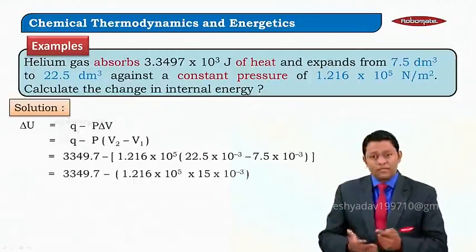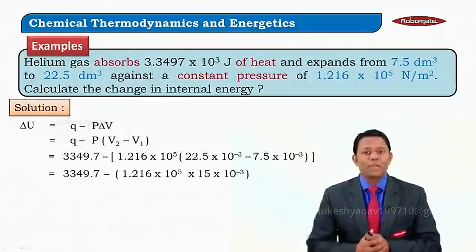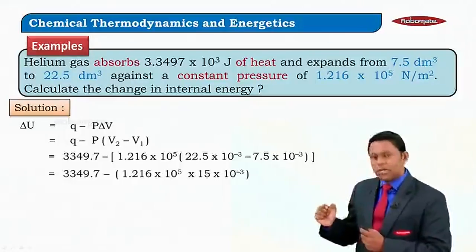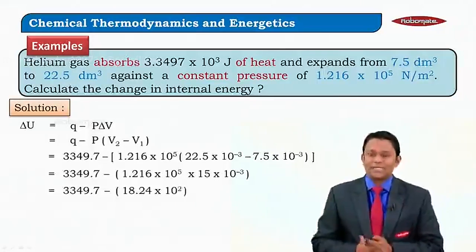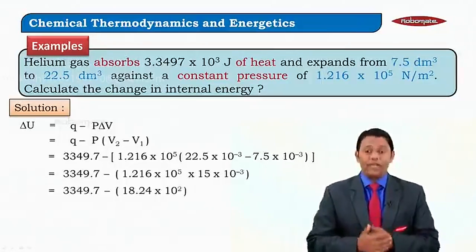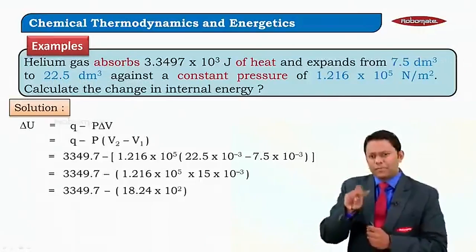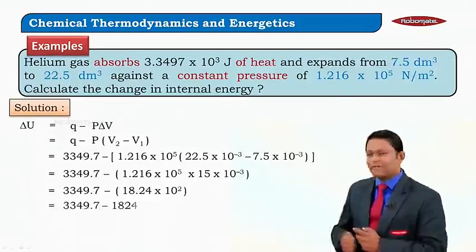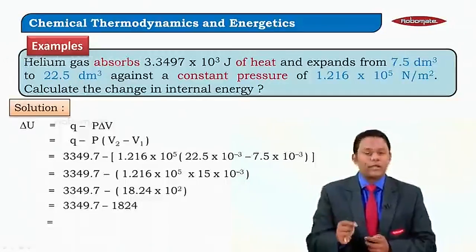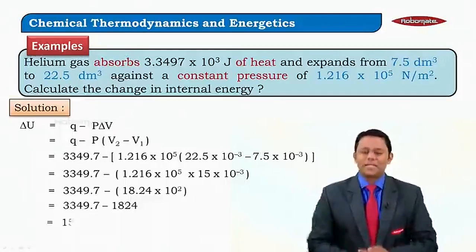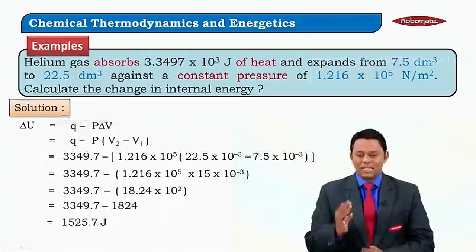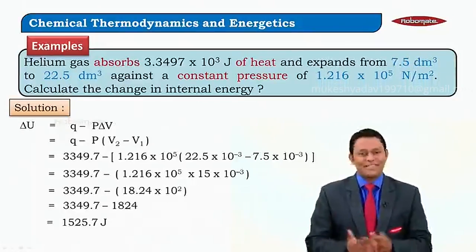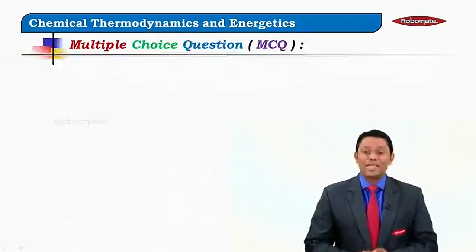Subtracting the volume term, we'll get the answer as 15 into 10 raised to minus 3. Multiplying that volume term to the pressure, we get the answer as 18.24 into 10 raised to plus 2. If we put that plus 2 parameter inside, we get the value as 1824, and when we simply subtract the terms, we get our final answer as 1525.7 joules.